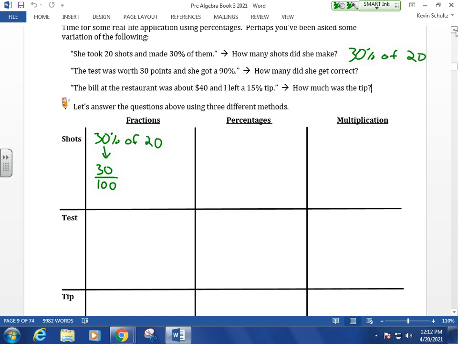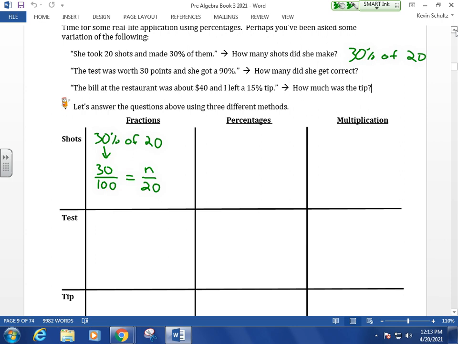What we want to know is what is 30 hundredths? Set that equal to something over 20. And that's what we're solving for, right? How many shots out of 20 is equal to 30% or 30 over 100?